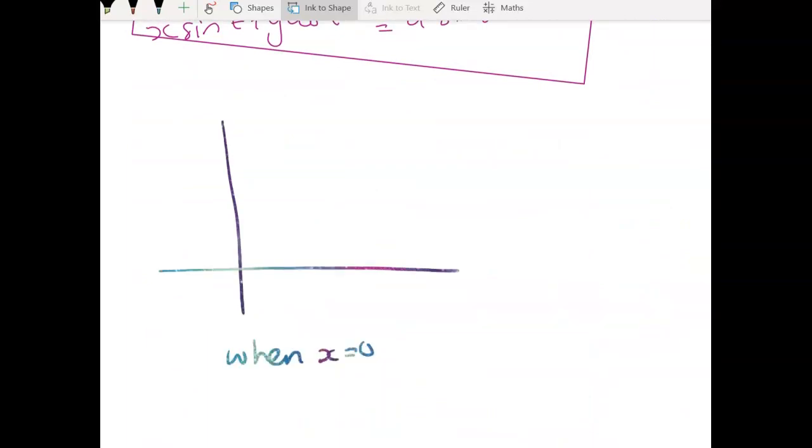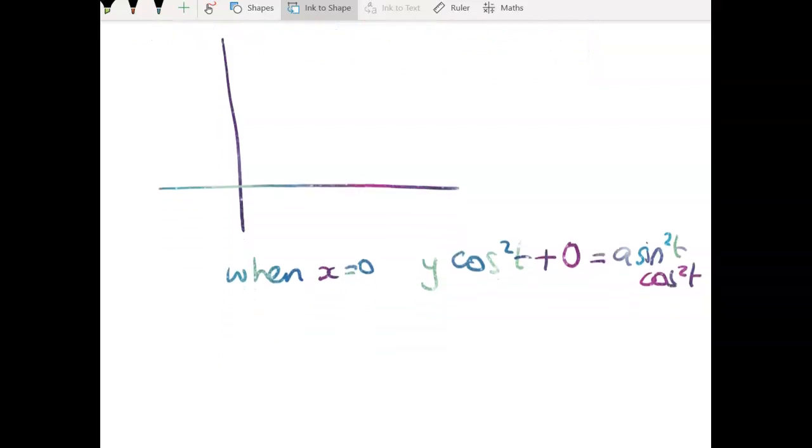So when x equals 0, we have, let's have a look, our tangent equation, so we've got y cos squared t plus 0 is equal to a sine squared t cos squared t. Why do we know that cos squared of t is not equal to 0? Let's go back and have a look.